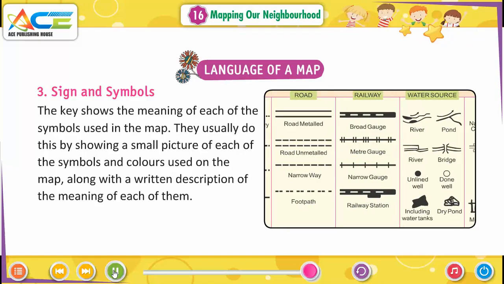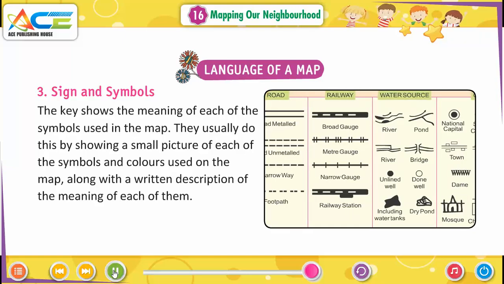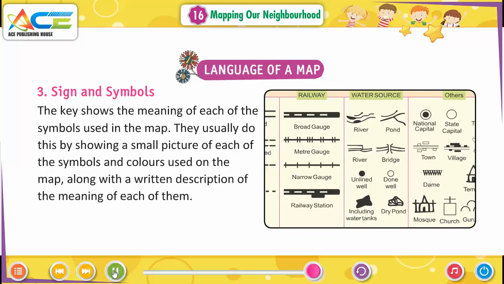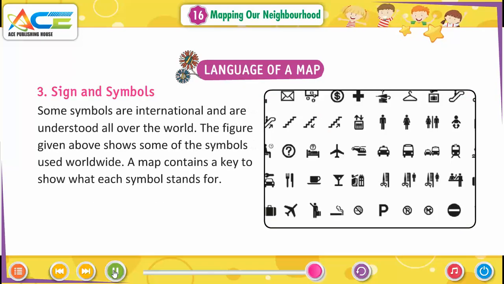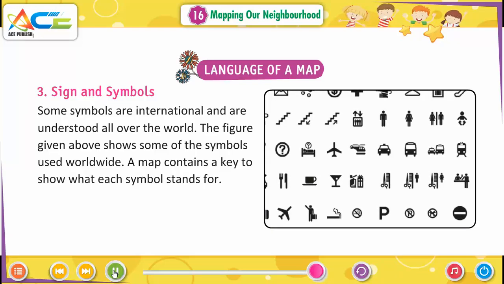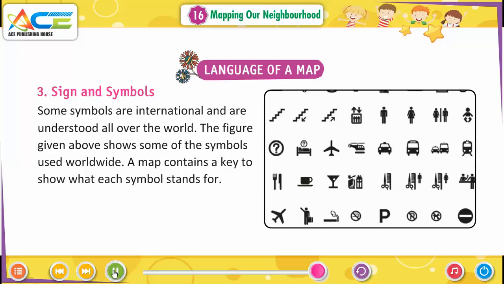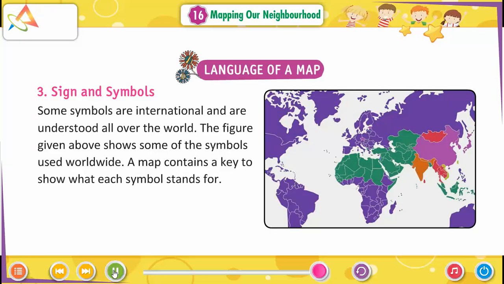They usually do this by showing a small picture of each of the symbols and colors used on the map along with a written description of the meaning of each of them. Some symbols are international and are understood all over the world. The figure given above shows some of the symbols used worldwide. A map contains a key to show what each symbol stands for.